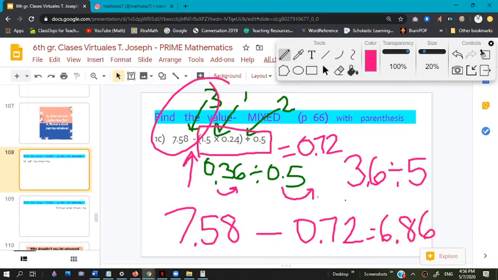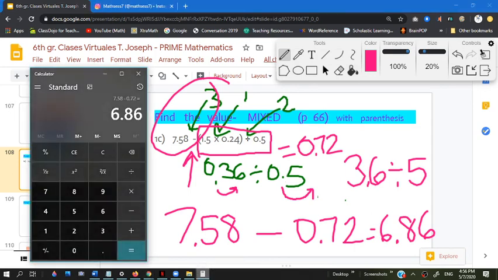6.86. I'm going to do the whole thing on the calculator just to check our answer, to make sure we did that correctly. I have my book right here, and it looks like that is correct, but I will check it just to make sure. Again, we need to do the multiplication first, so 1.5 times 0.24 equals 0.36.